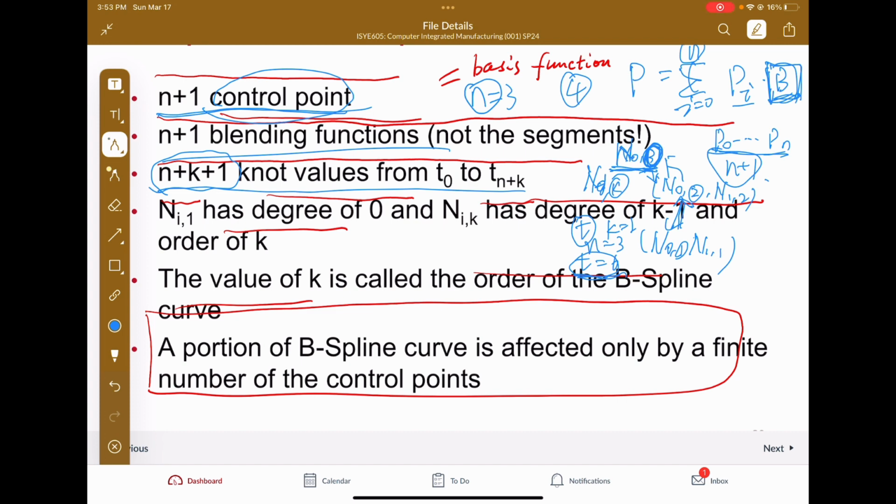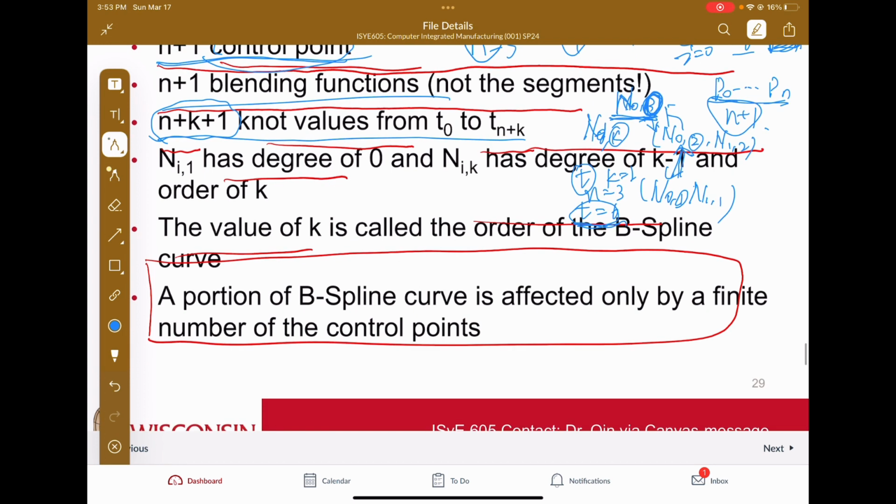So it's n plus k plus 1. And you need to know, for this N_i,k, we have a degree of k minus 1 and the order of k. So that means the order of the line is not related to the control points. We can define it separately, using k to define the freedom, the degree and the order of the B-spline. So this is how we solve the problems for Bezier, right?